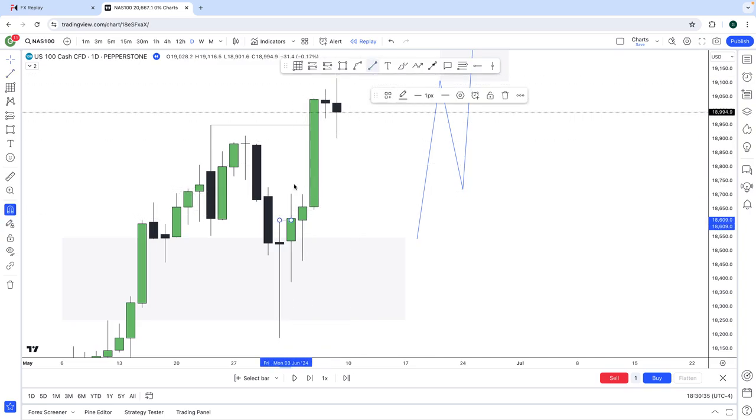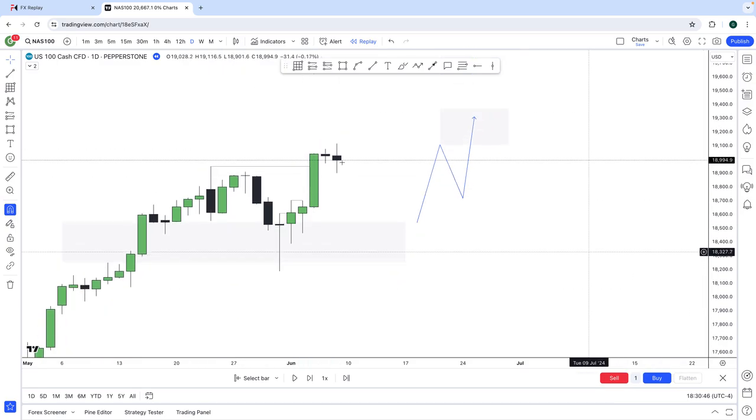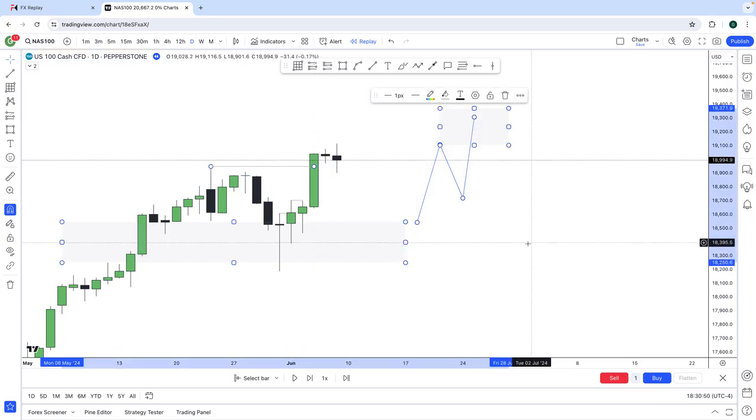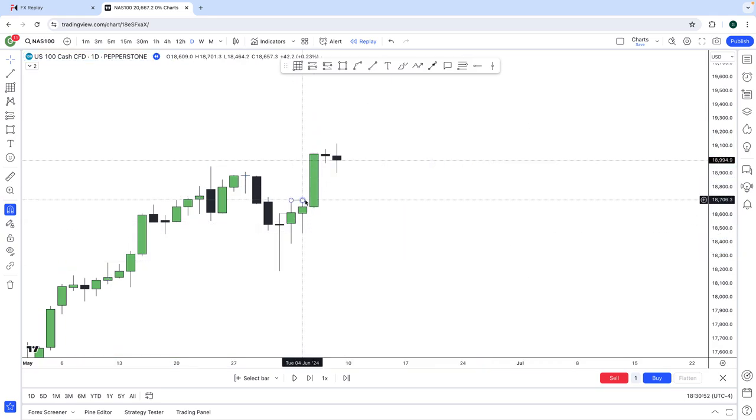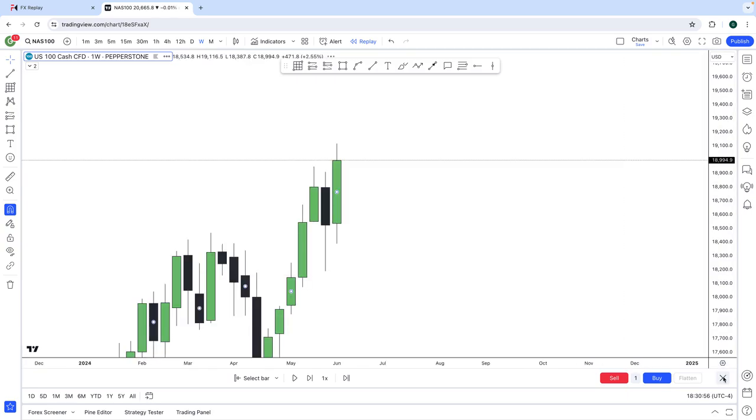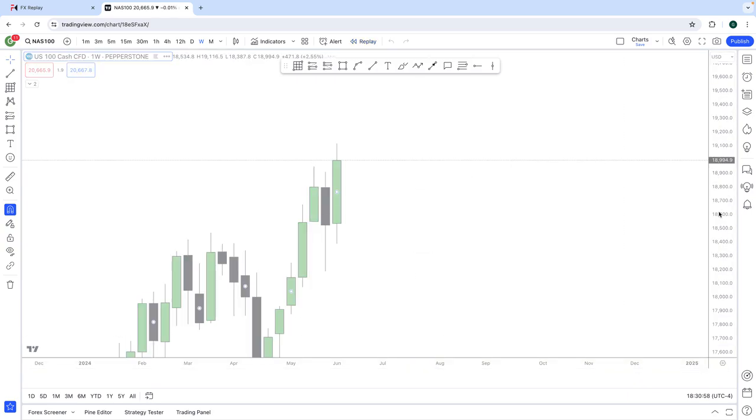So it's okay to still long inside of lower time frame premium areas because we have this draw on liquidity. Does that make sense? As soon as this gets taken, we don't really have a higher time frame draw on liquidity. So yeah, hopefully that makes sense.